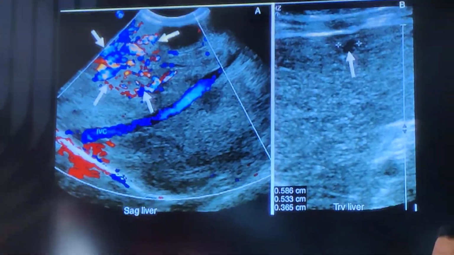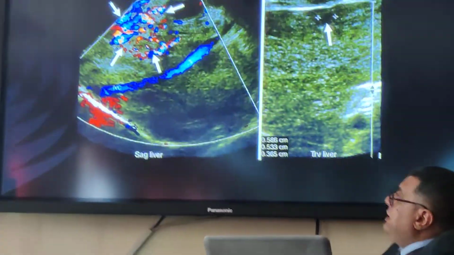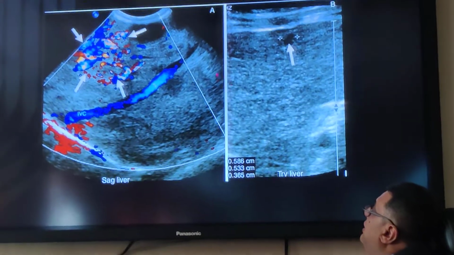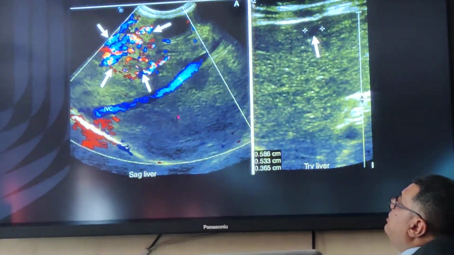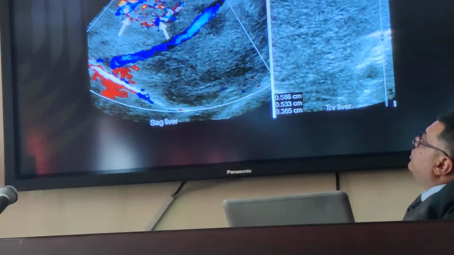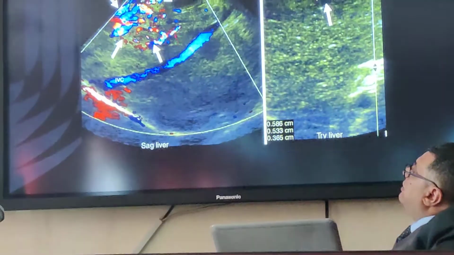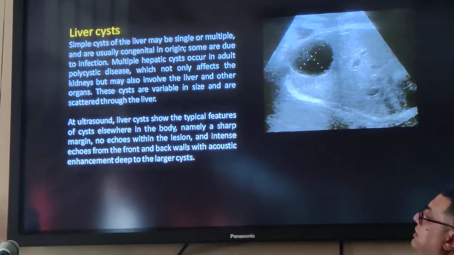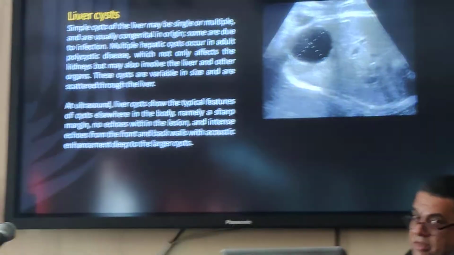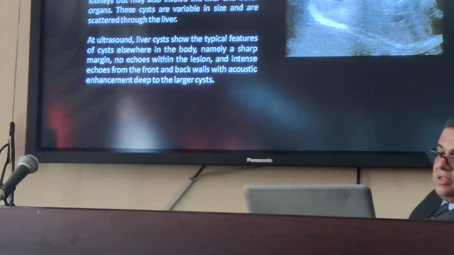This is the Doppler. We can see the intrahepatic lesion, which is hypervascular on Doppler. This of course suggests that it is not a benign lesion, but a malignant lesion.